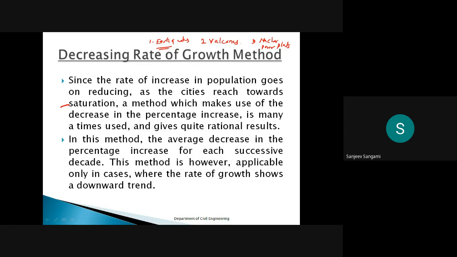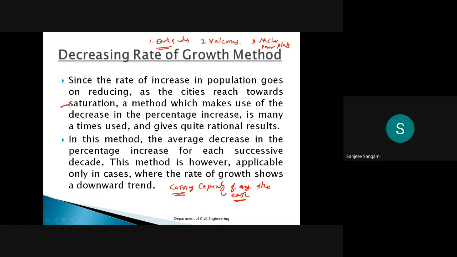We already know the Earth's carrying capacity, very important. The carrying capacity of the Earth, or the carrying capacity of a place, if it reaches the saturation point, then normally what will happen is that suddenly the population is going to decrease.